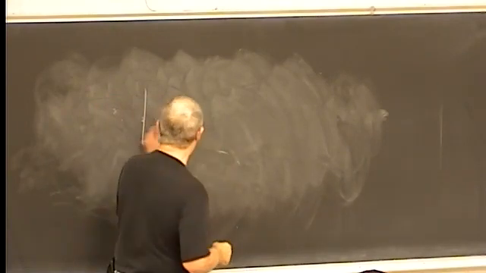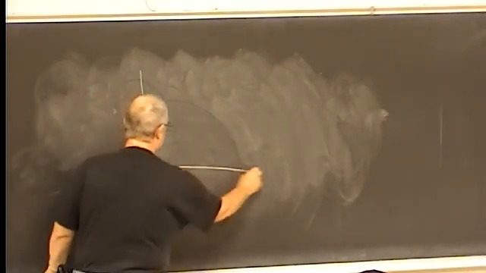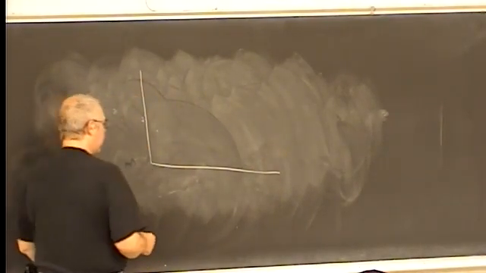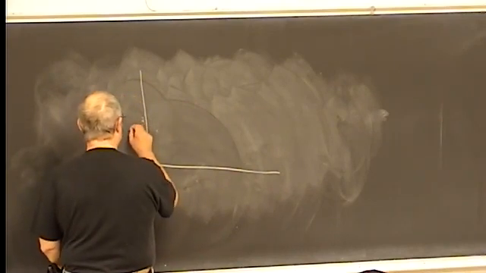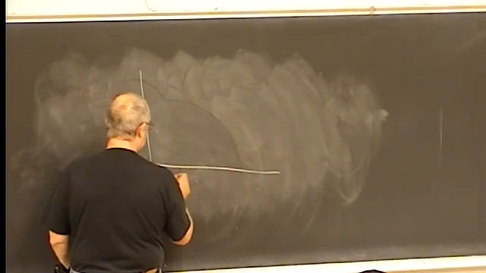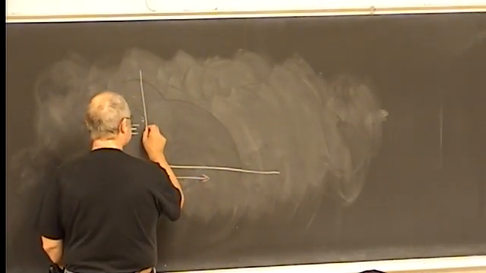Draw that a little bit bigger. All right, here is a reaction profile diagram. The y-axis represents energy. The x-axis represents progress of reaction.